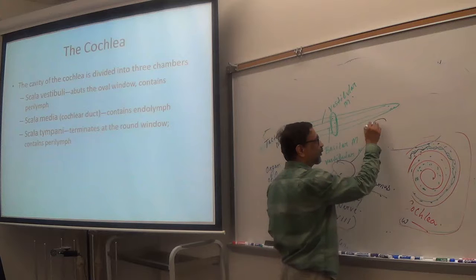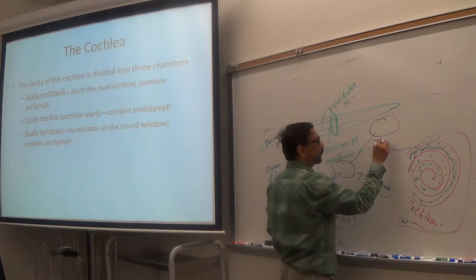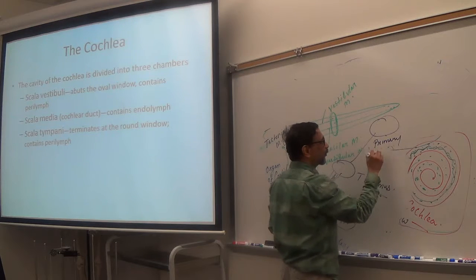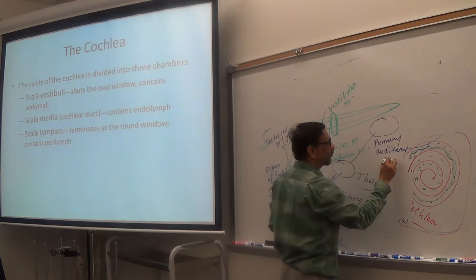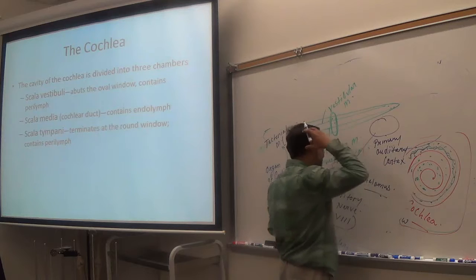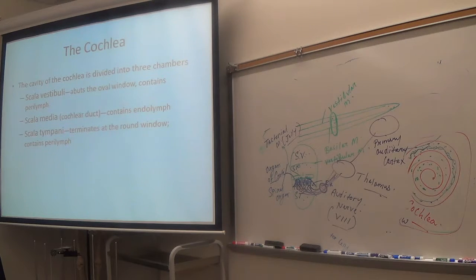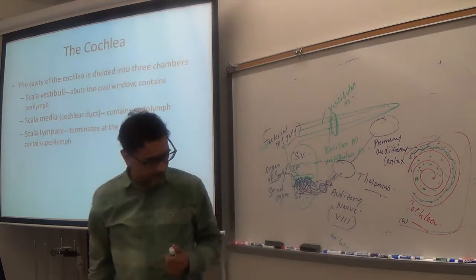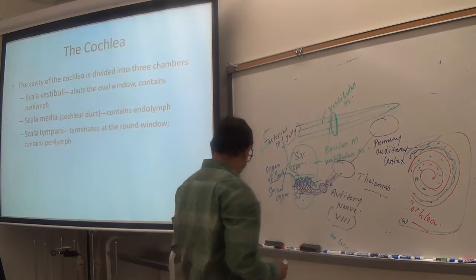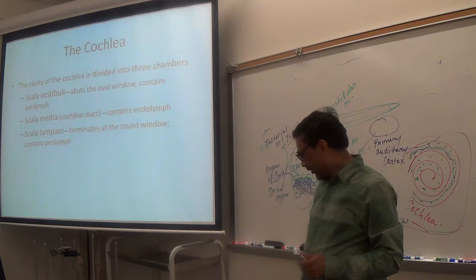From here, it will go to the primary auditory cortex in the temporal lobe, upper part of the temporal lobe of the brain, and that will count how many times the signal arrives. Okay, so that's the idea about the auditory system.